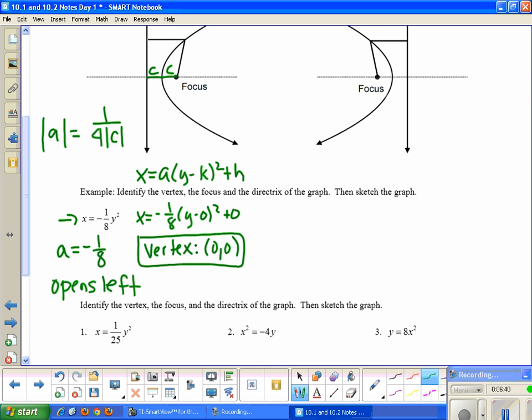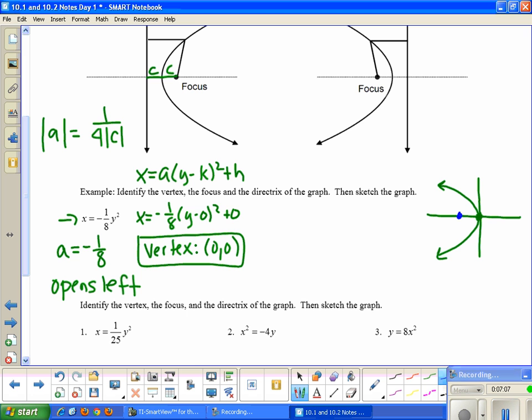So the next thing I like to do is sketch a graph of this because it helps me determine what it's going to look like. It's just going to be a rough sketch. We don't need to do it on graph paper. We're just going to do it over here. So I know my vertex is at 0, 0, and I also know that my graph is opening to the left. So now I need to figure out what my focus and what my directrix is going to be.